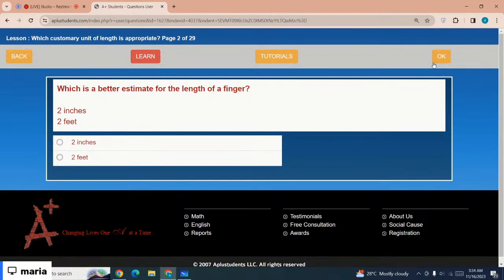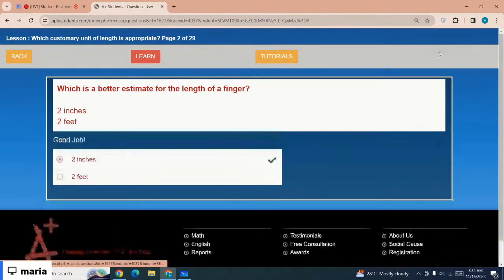So that is the length of a finger, right? No, that would be just 2 inches. You can see your finger. Feet is a big unit, right?